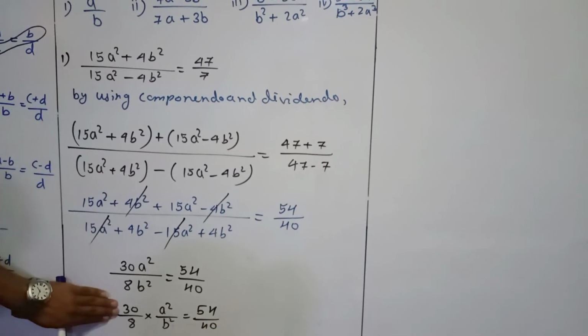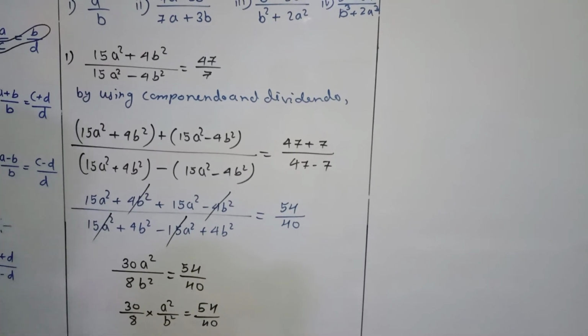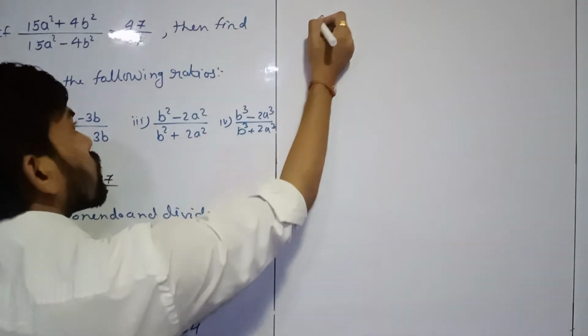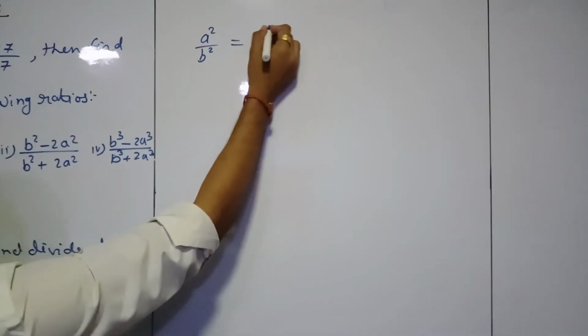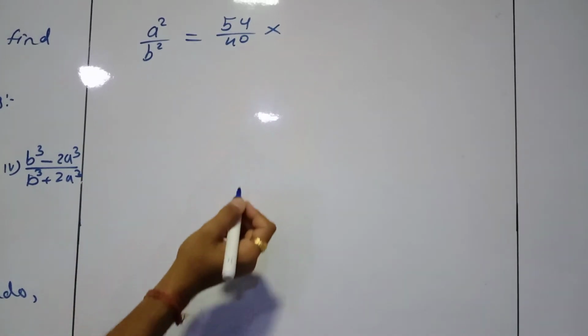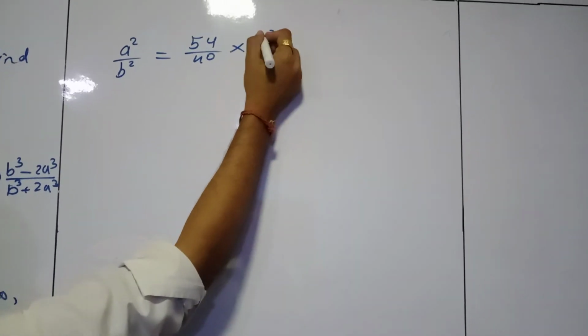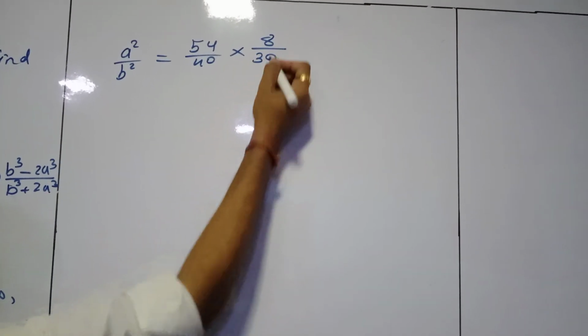Now take this 30 upon 8 to the other side. What will it become? It will become a square upon b square is equal to 54 upon 40, and multiply: 8, which was the denominator, will become the numerator, and 30, which was the numerator, will become the denominator.